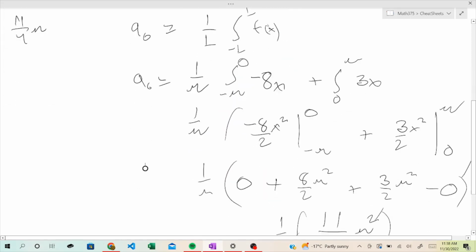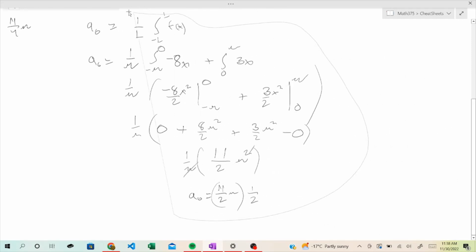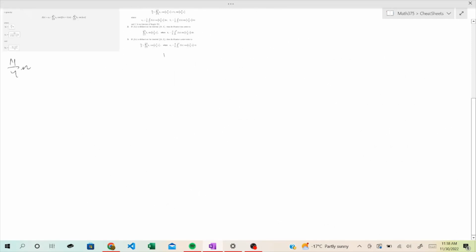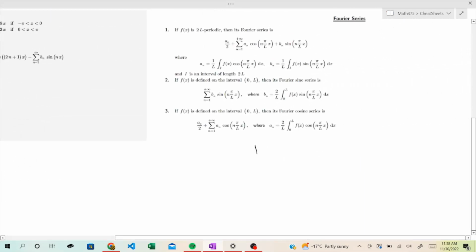Part 2, what you want to do is solve for an. Just going to clean this up real quick. So the equation for an is 1 over L, f of x times cosine of n pi over L x.